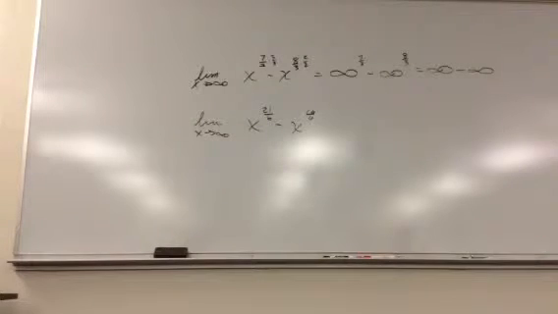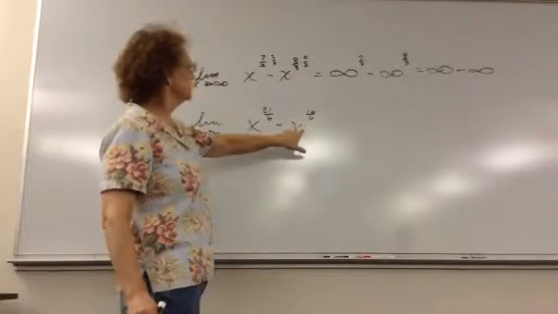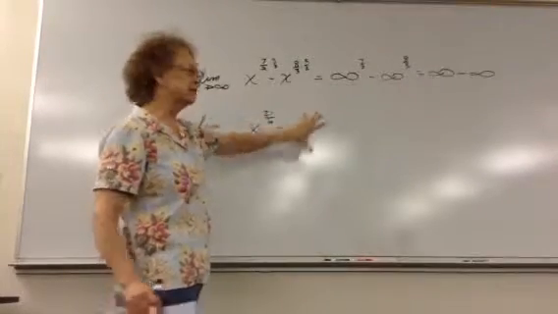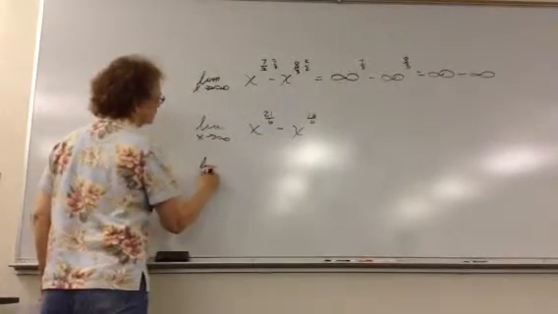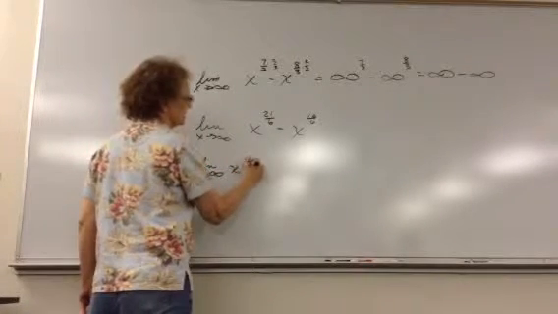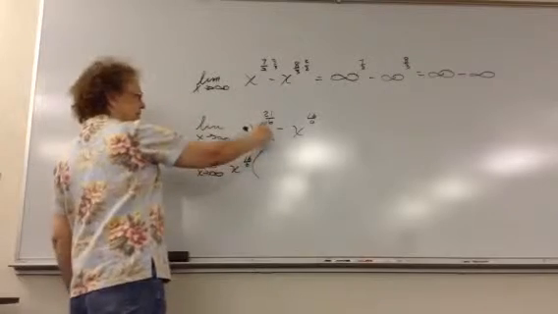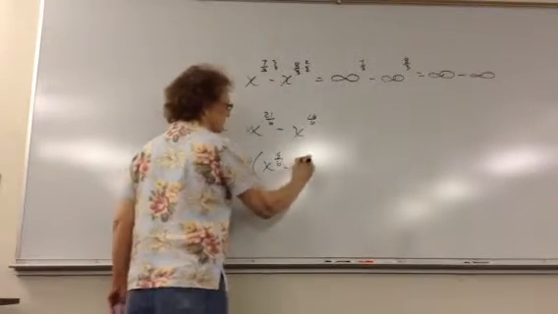So that must kind of give you a clue that what you're trying to do is get infinity times infinity. Okay, so factoring means let's factor x to the 16/6 out of the expression. So if I factor x to the 16/6 out of here, this will be x to the 5/6 minus 1.